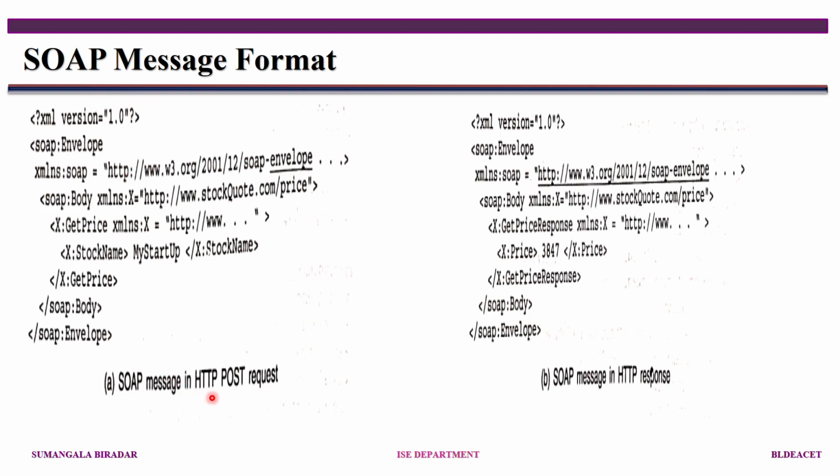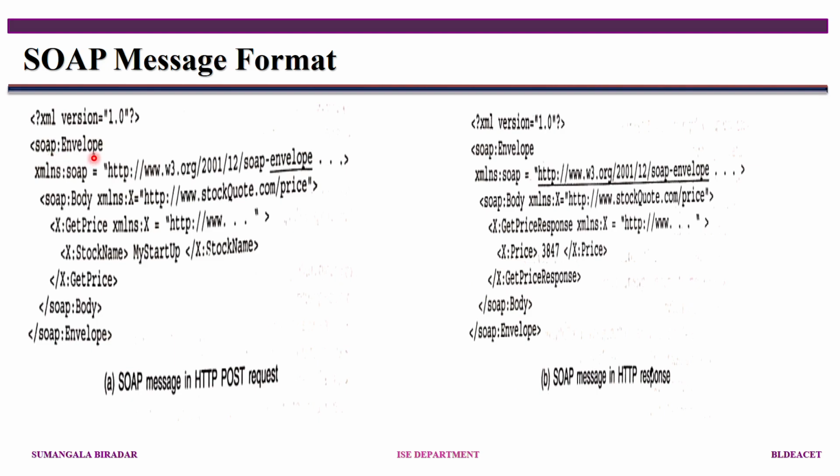As I told, it may be the extension of HTTP, so this is the SOAP message in an HTTP POST request. This is the request message for a stock price, with the stock code or stock name, my startup here. You are using XML, the version of XML, and here SOAP, formatted as I told.